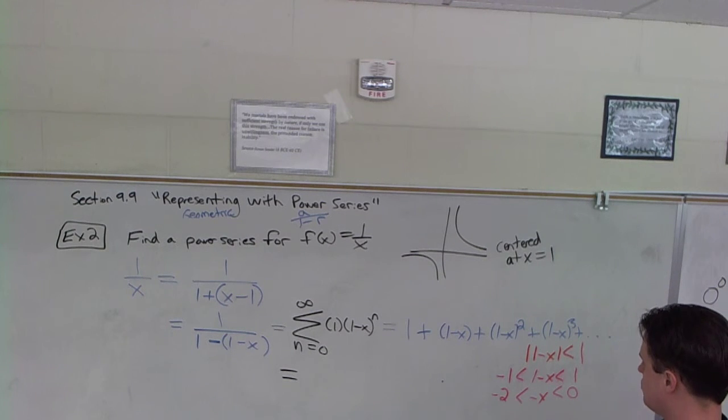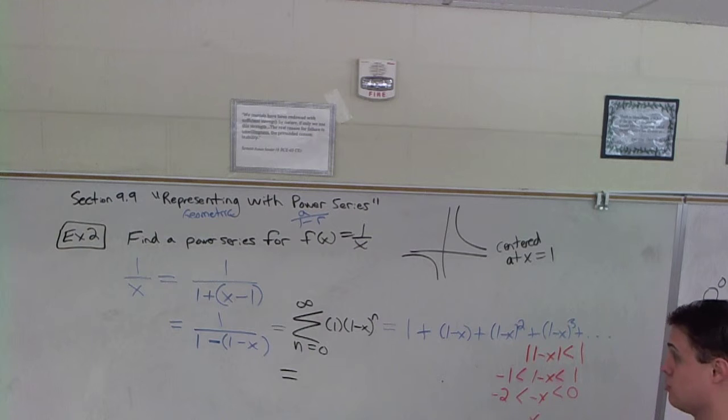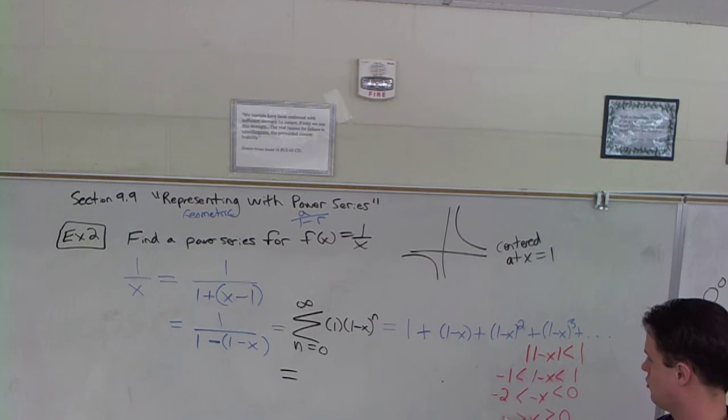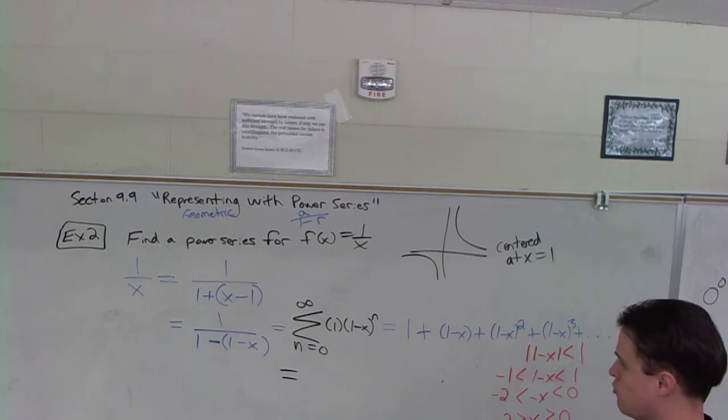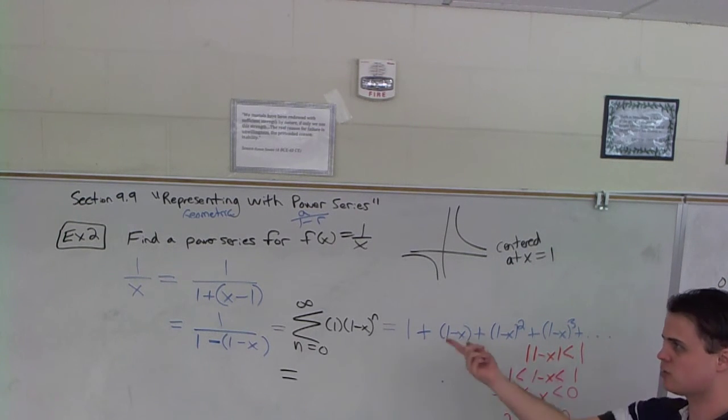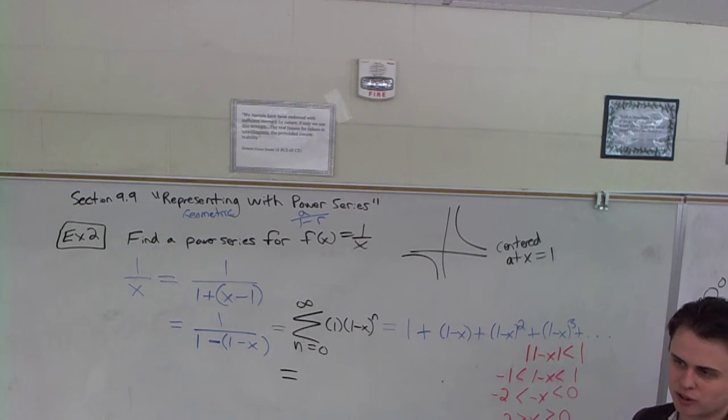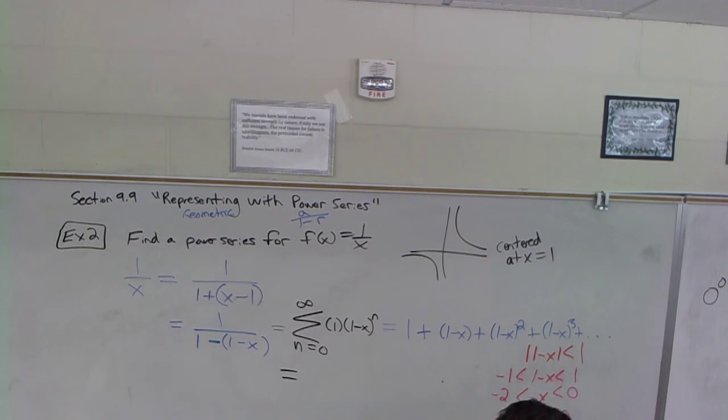Minus 1, that's minus 2. So x divided by negative 1, what happens? So that says 0 to 2. It's centered at 1. Okay. So if we went outside of that window, we'd have to redo something to get it to converge to the right value again. Okay? So that's the idea.